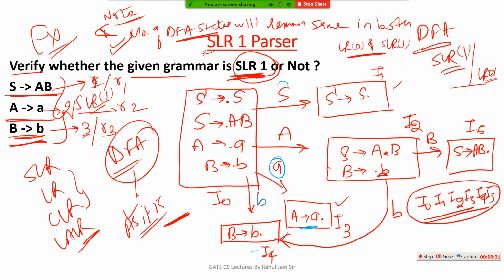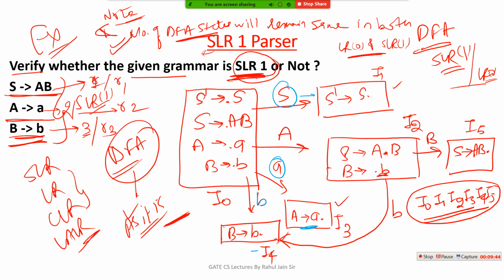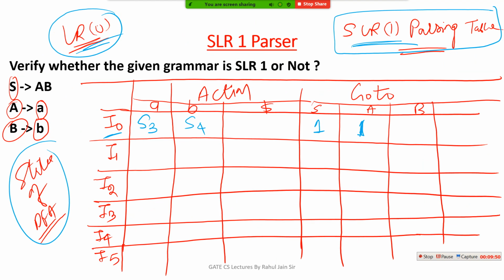I0 on S is shifted to I1, so I put 1 here. And I0 on capital A is shifted to I2, so I will put 2 here. Nothing is changed yet.